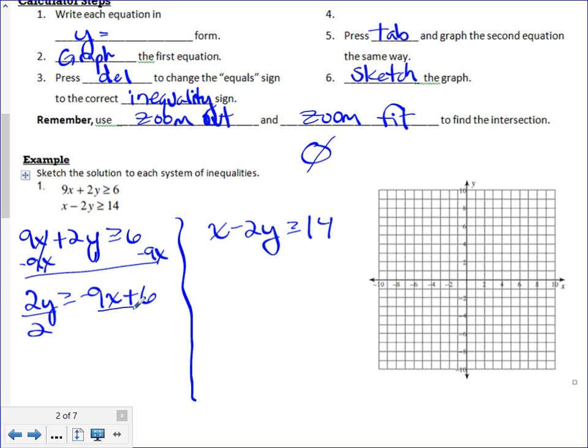Divide both sides by 2. What do you like to do? Do you like to solve both and then graph both, or do you like to solve one, graph it, solve the other one, graph it? Solve them both? Okay, that's fine.